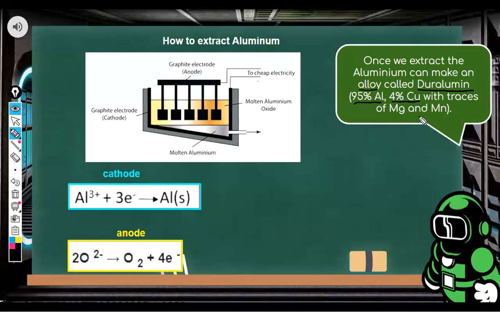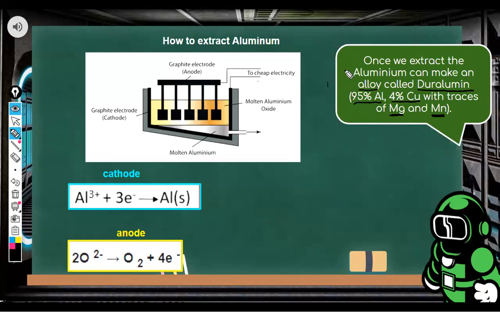So you put some copper into the aluminum and you put a little bit of magnesium and manganese. And when you do that, you get something called duralumin, sorry. Now, the truth is, they don't really use pure aluminum to make aeroplanes. They use the duralumin to make the aeroplanes because duralumin is way stronger than aluminum.